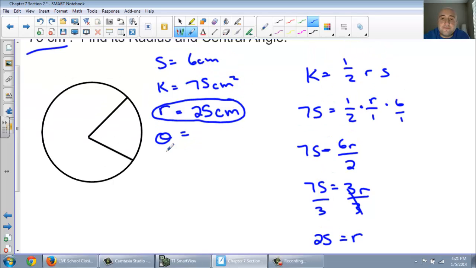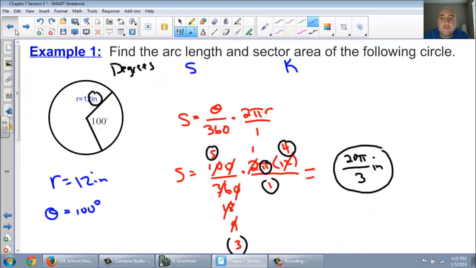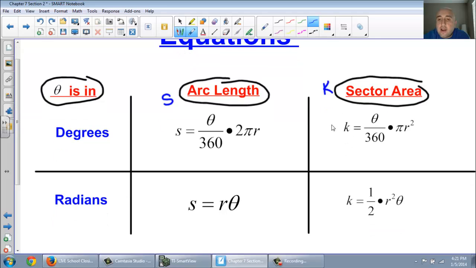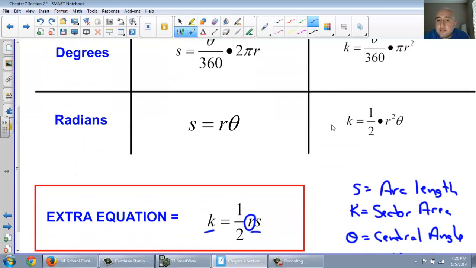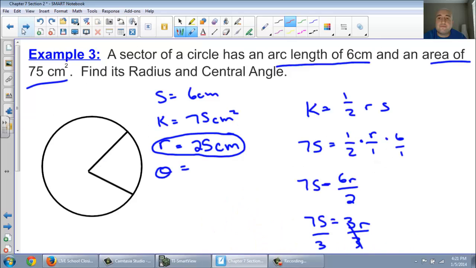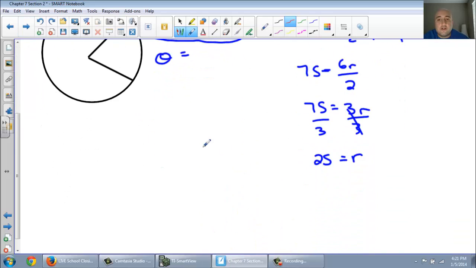Now we need theta. But we have S, we have K, we have R. So if we go back to our formulas, if we already know S, K, and R, and we need theta, let's look at these equations and notice that this equation right here uses S and R. We should be able to figure out theta pretty easily. So S equals R times theta.